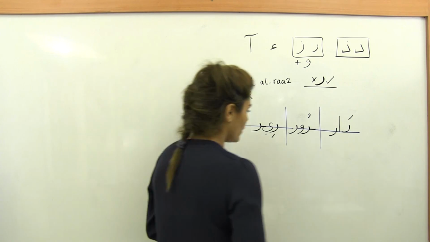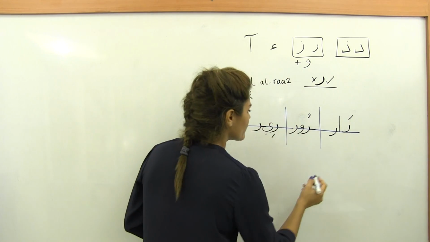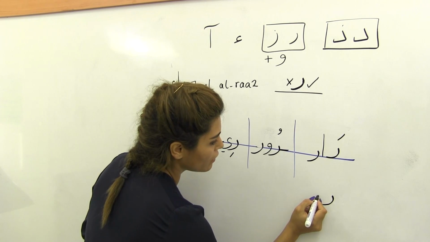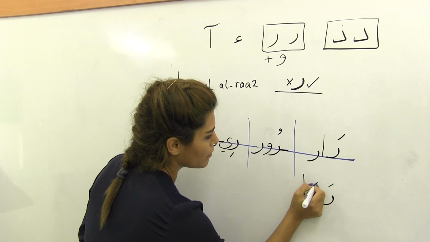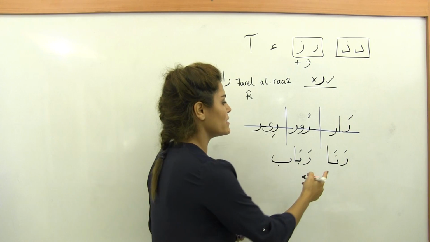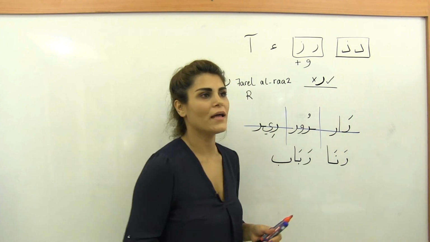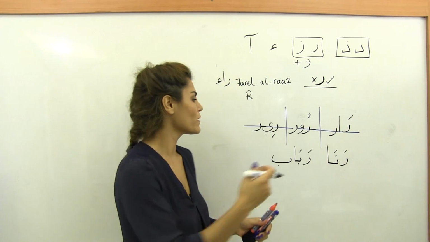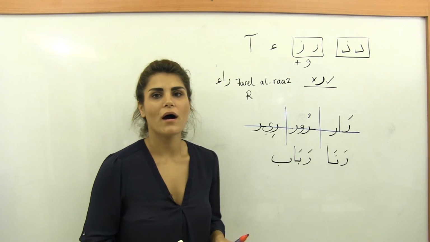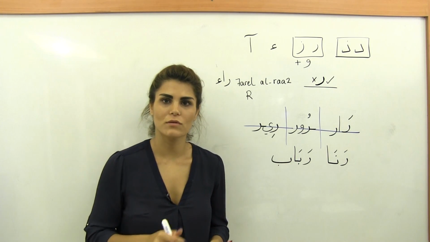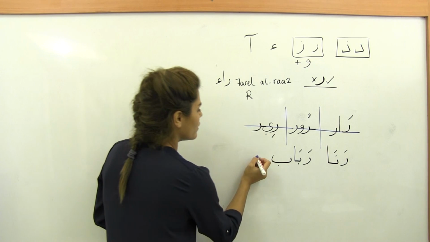And letter R, example, my name is Rana. So the first example is Rana, it's my name. And the second one is Rabab, it's also a proper name.